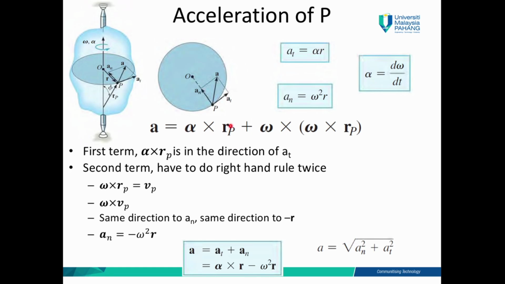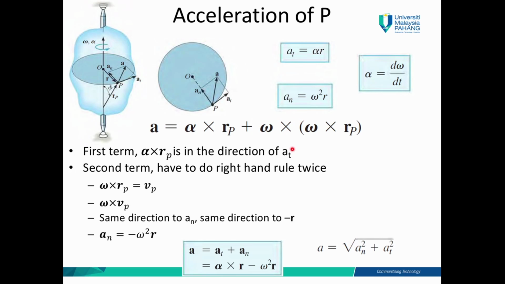If you find it using the right hand rule, immediately you will know. Remember the direction of angular acceleration is the same as the direction of your axis of rotation. So finding this cross product using your right hand rule, you will get the direction of AT, which is tangential.